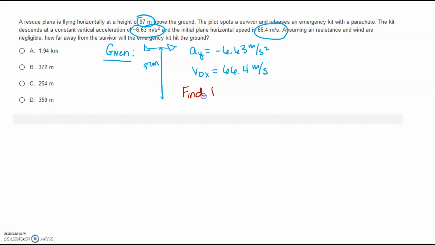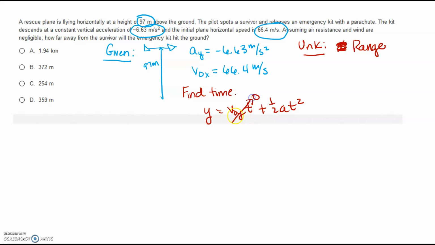So the first thing I'm going to do is find t. Find time. I'm looking for range or distance. So I'm using y is equal to v0y t plus 1/2 a t squared. This is 0 because velocity in the y direction is 0.